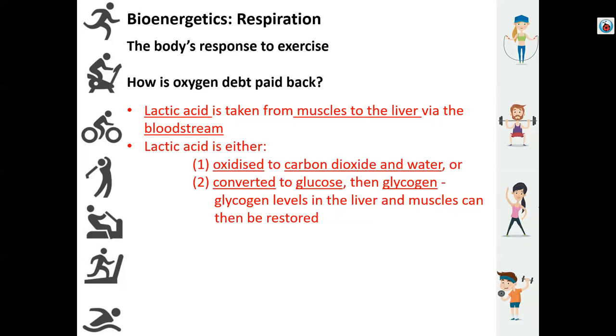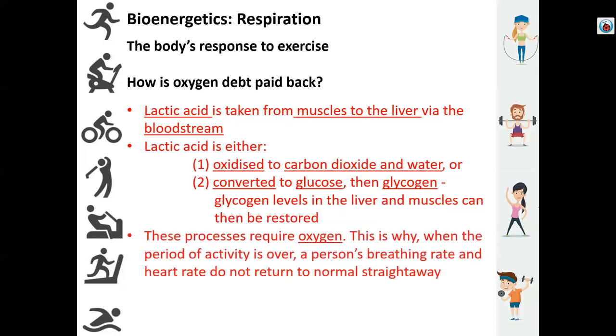Now, both of these processes, as I've alluded to, require oxygen. This is why when you've done a 100-meter sprint, at the end of the sprint, you're breathing rapidly and you're breathing deeply and your heart is still pounding to get the oxygen to the liver to break down that lactic acid and remove it from the cells.